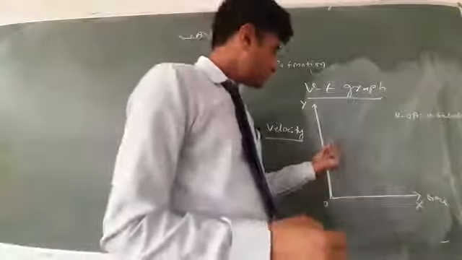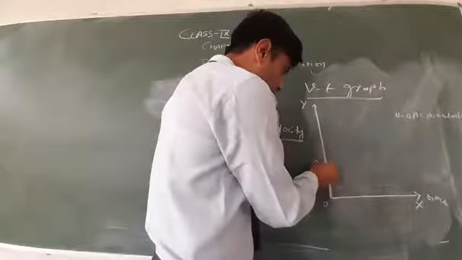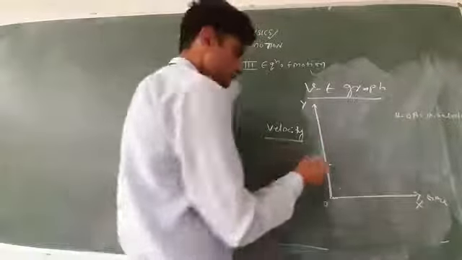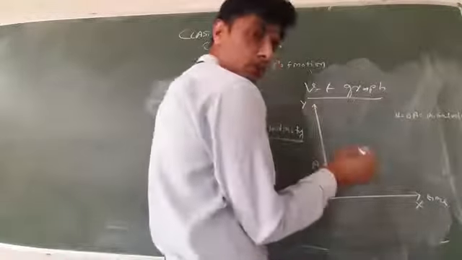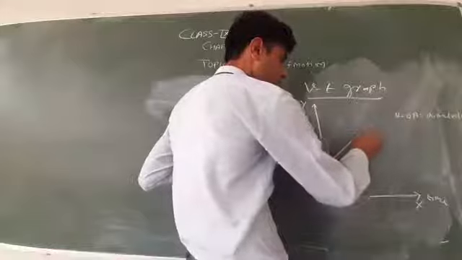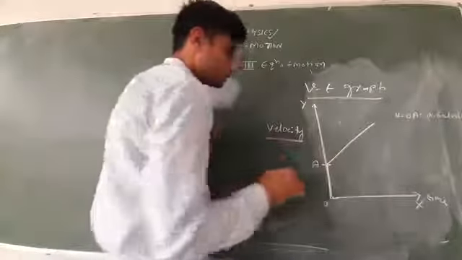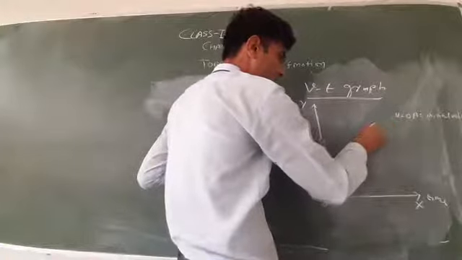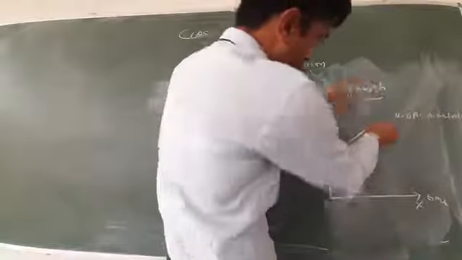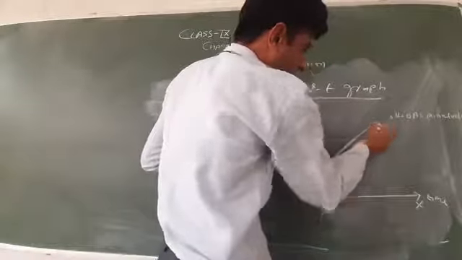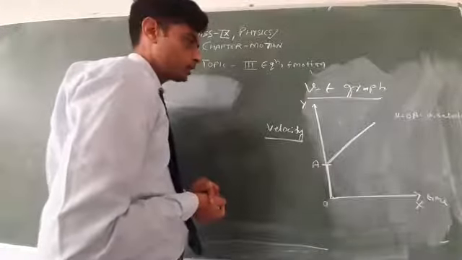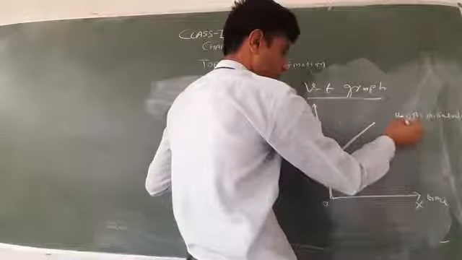If your object starts to move with a uniform acceleration, then for uniform acceleration there is a straight line like this, and this slope represents the value of acceleration in your VT graph. This point is B.